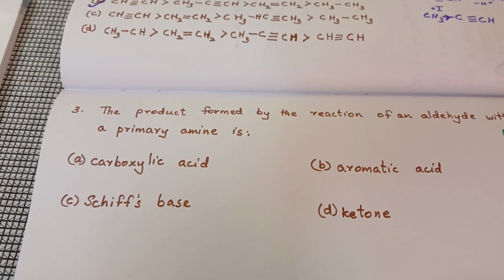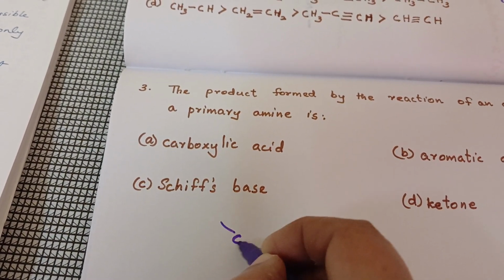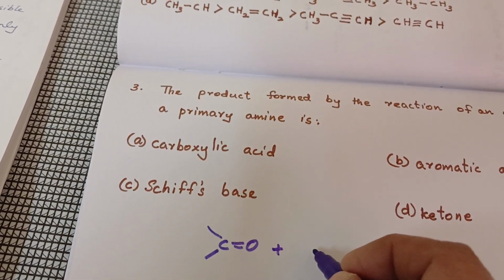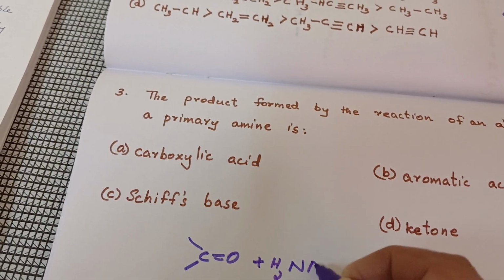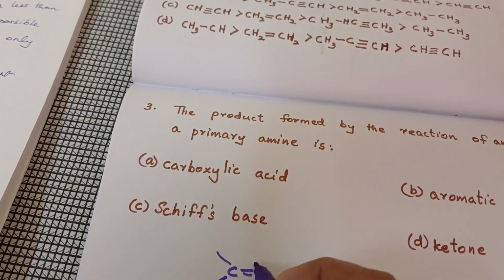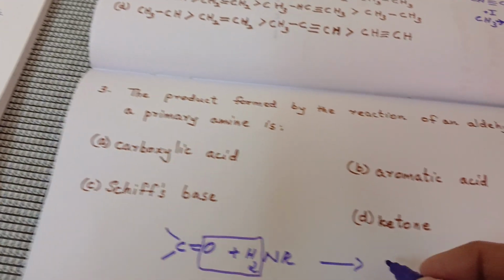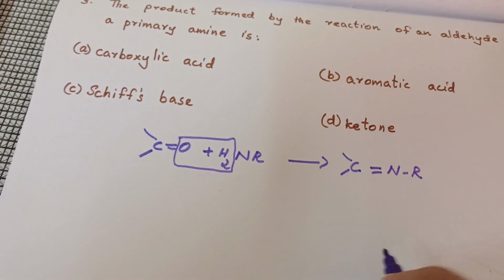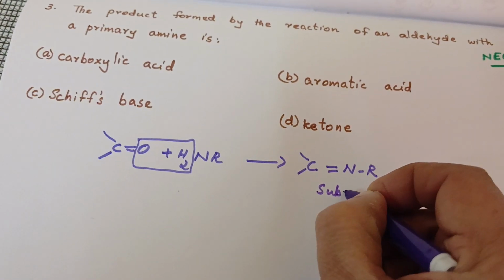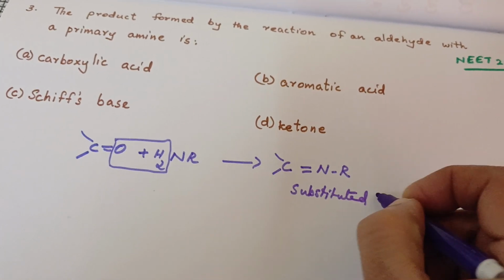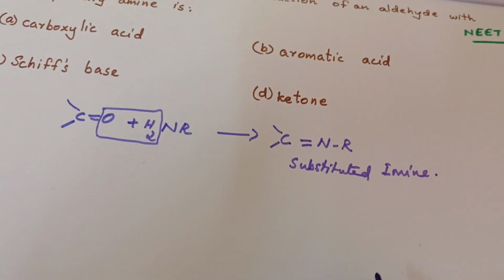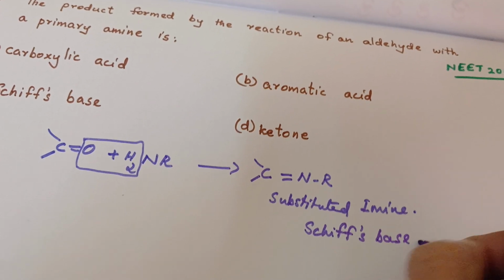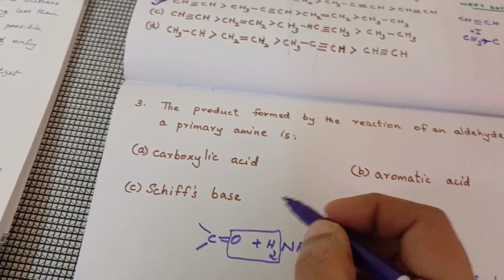So for the reaction of an aldehyde with a primary amine, let us represent the aldehyde as C double bond O H here, and that on treatment with a primary amine, NH2R, removal of a water molecule, and you will have C double bond N R. So this is a substituted imine, and you call it Schiff's base. So our option C will be the correct choice.